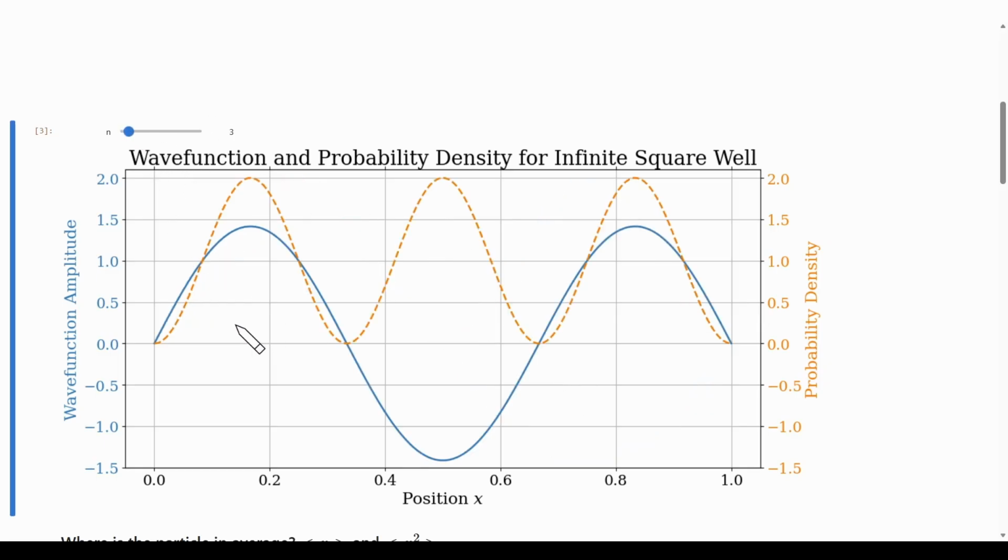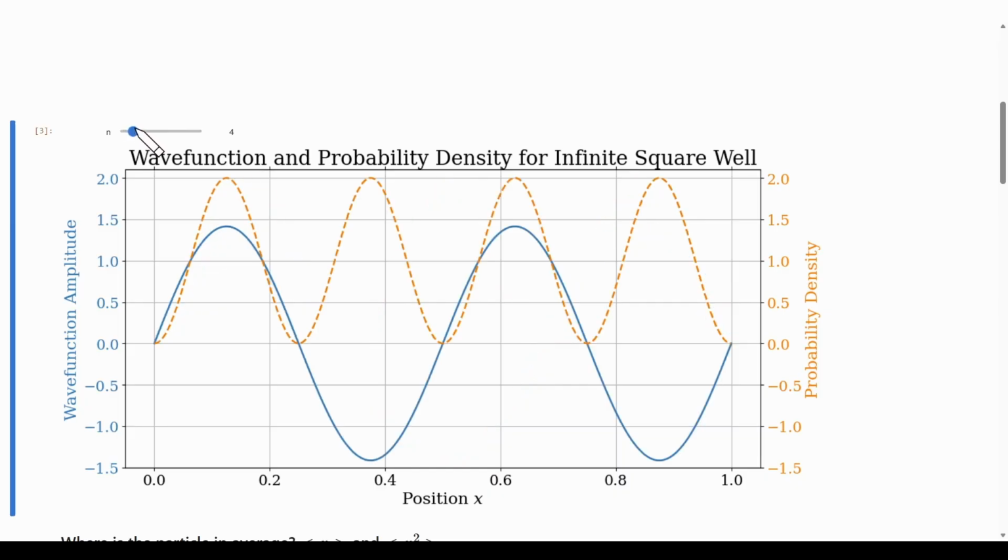Let's continue, and now again we see something symmetric with respect to the middle, and now two places where the probability density is 0, so the particle will not be found here.